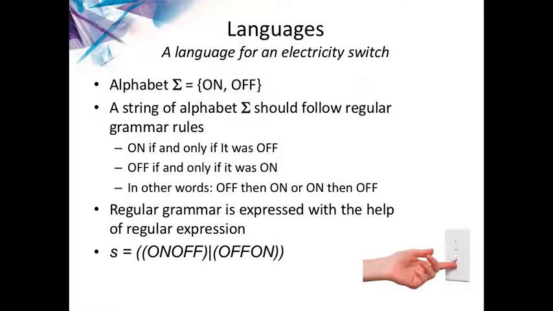So the grammar of this system would be: if you are on, you can only go off, and if you're off, you can only go on. And so the regular expression would look something like this: on off or off on. And of course, you can repeat this many times, so you can add the star for this expression, as you will see in the notes and the lecture.